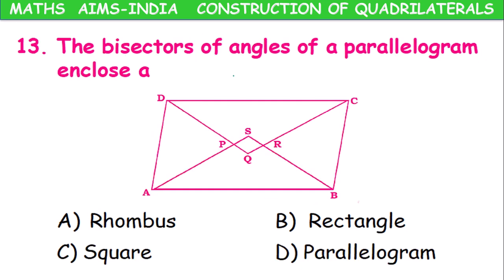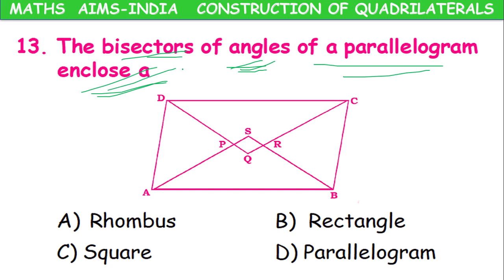Next slide. The bisectors of angles of a parallelogram enclose a rhombus, rectangle, square, or parallelogram. So here, children, the bisectors of angles of a parallelogram enclose a dash. We have to find it.